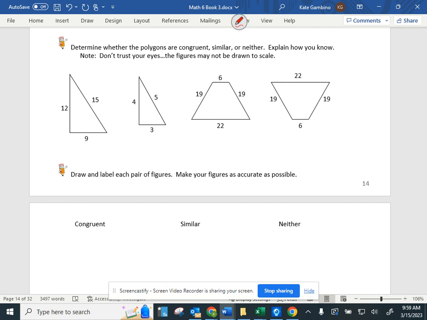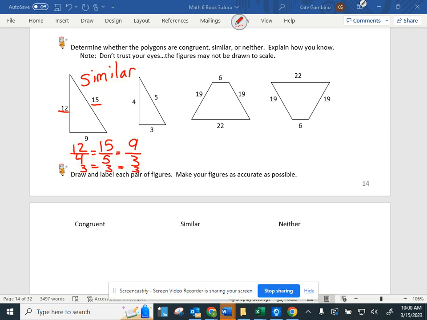So let's see if they actually are similar. We're going to say, okay, 12 goes over which side over here? 4. 15 goes over which side? The 5. And the 9 goes over which one? The 3. What's 12 divided by 4? 15 divided by 5? 9 divided by 3? So I can see, yes, they are proportionate.